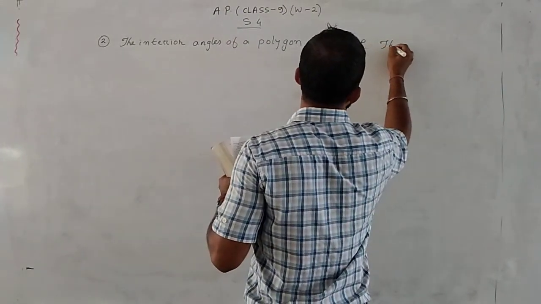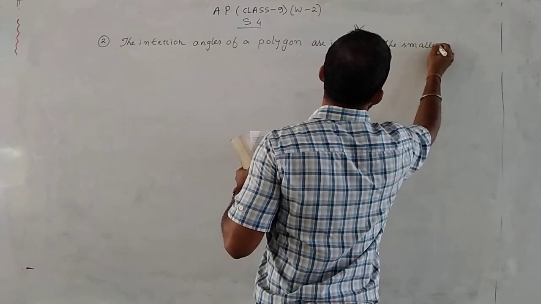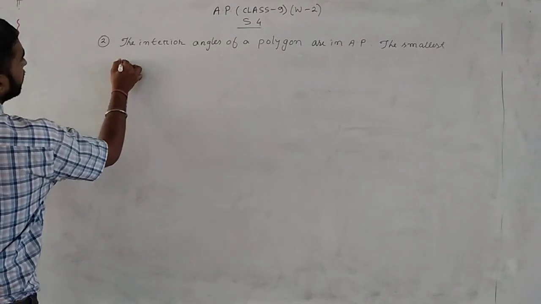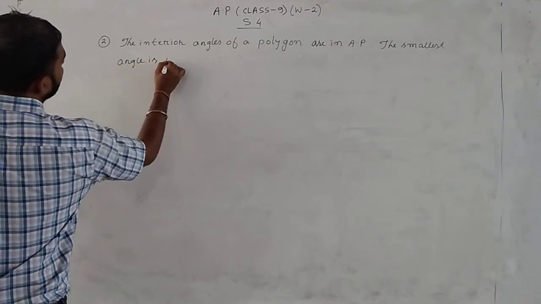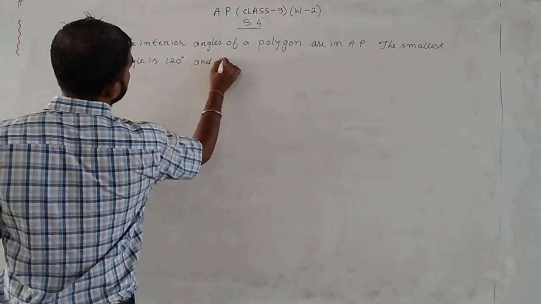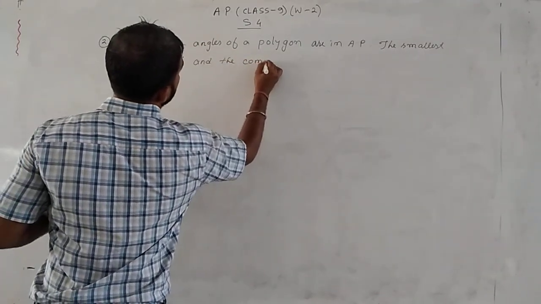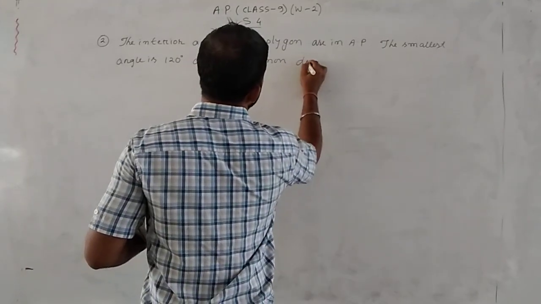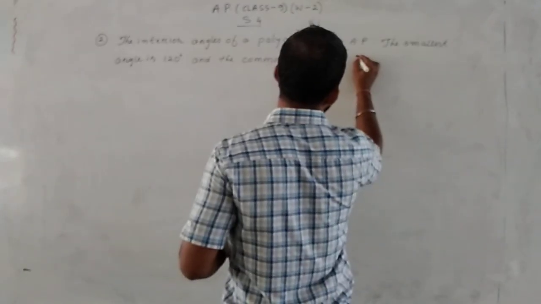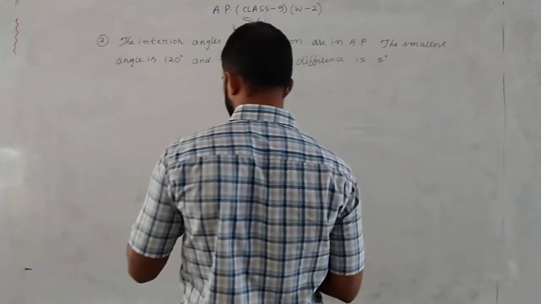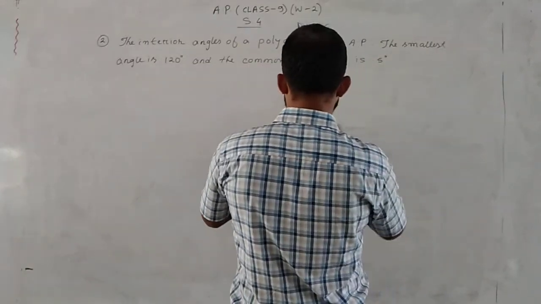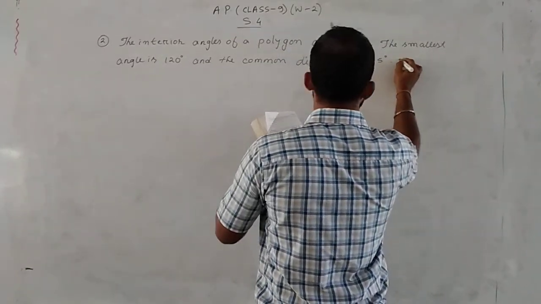The smallest angle is 120 degrees, and the common difference is 5 degrees. Find the number of sides of the polygon.